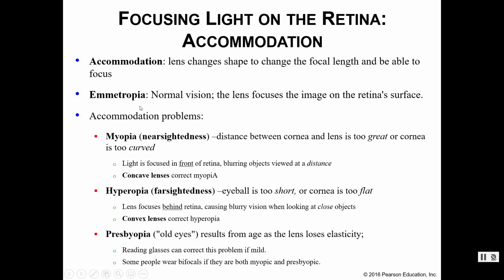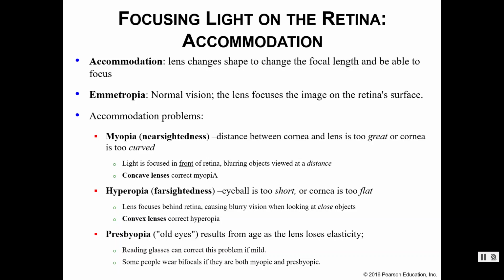Now, if your lens doesn't quite work like it should, then you could suffer from one of three vision problems. You could suffer myopia, or nearsightedness. If you suffer from myopia, then the distance between the cornea and the lens is too great, or your cornea is too curved.